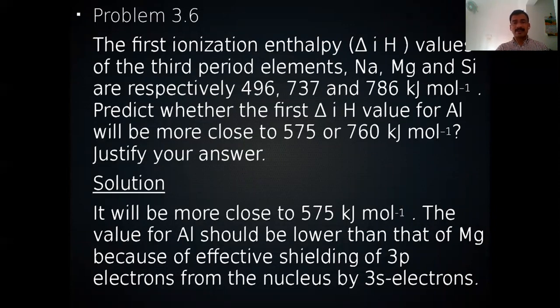Another question: the first ionization enthalpy values of third period elements sodium, magnesium, and aluminium are respectively 496, 737 and 786 kilojoule per mole. Predict whether the first ionization enthalpy value of aluminium will be more close to 575 or 760 kilojoule per mole. Justify your answer. What is the question? Here, what is given?